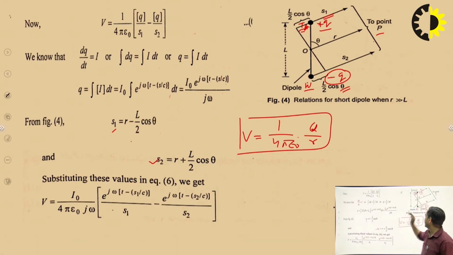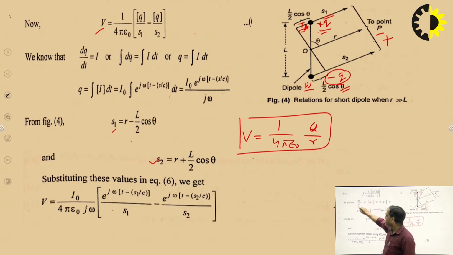When we add the potentials at the point P, the minus sign is there because of the negative charges and the positive sign because of the positive charges. I hope this point is clear to all of you, how we get this potential here.